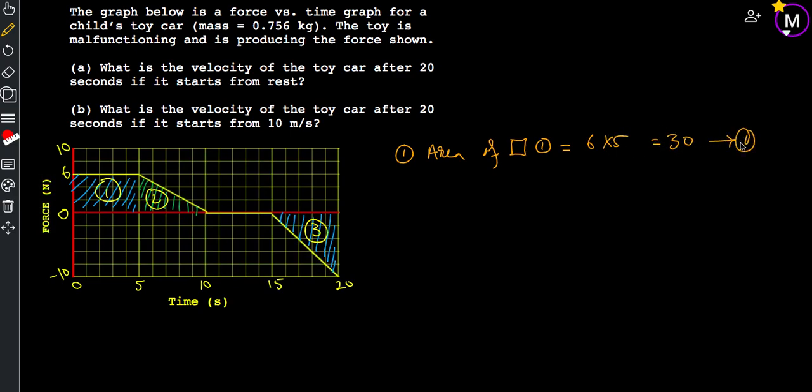This is 1. And the second one is the area of this triangle, this is 2, equals half times 5 times 6. So 2 3s, 3 5s are 15.